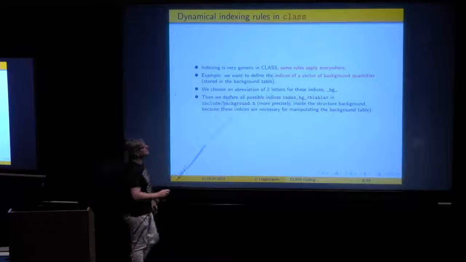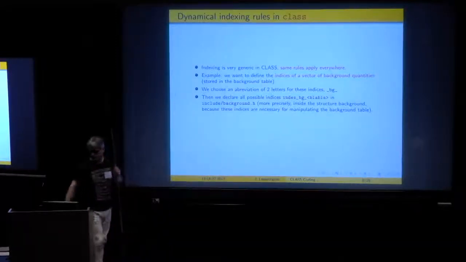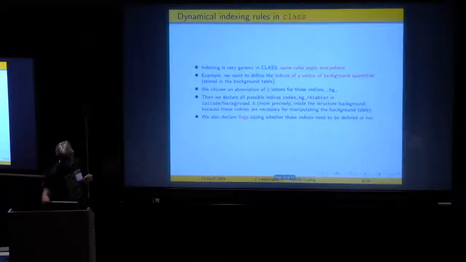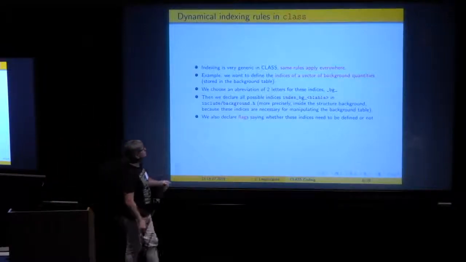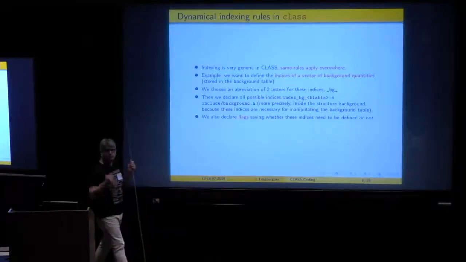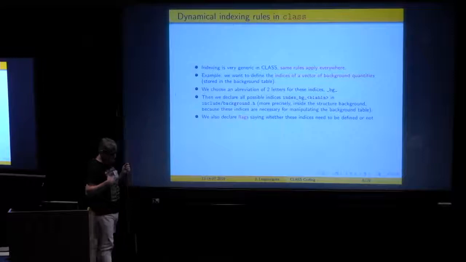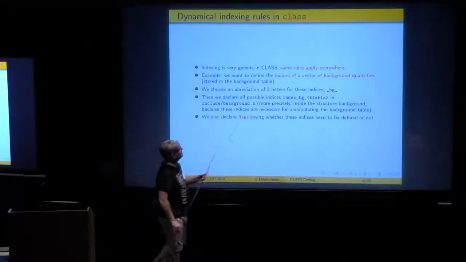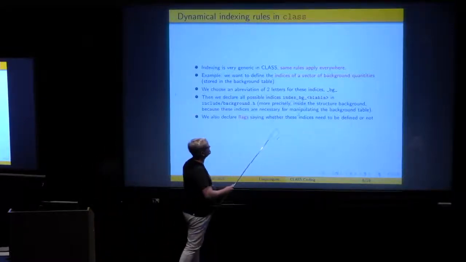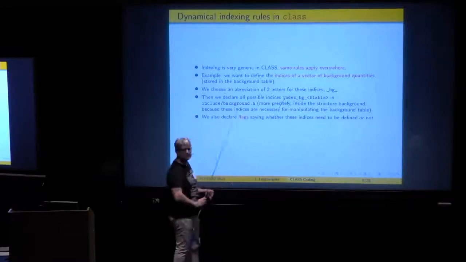So the indices are very important, and they must be declared inside the background structure. In this structure, you should also define flags which say which species are present, so we need to know if the flag is set to true or false in order to decide whether this index will be relevant for a given cosmology or irrelevant.